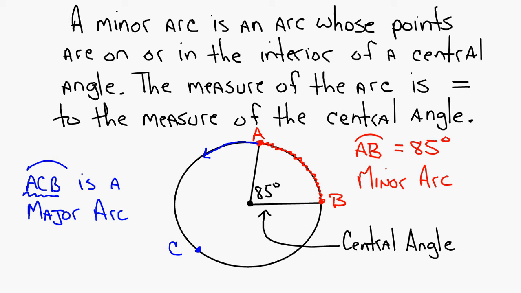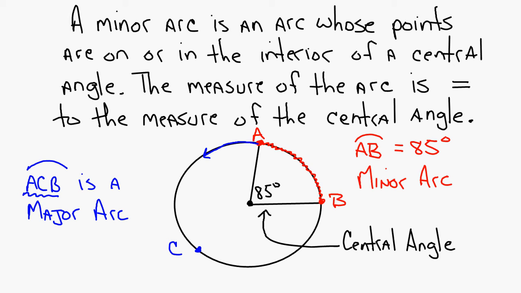So, can you see another rule here then maybe about the measure of a major arc? The major one's going to be greater than the minor one. But what do all these angles inside of this circle add up to? Yeah, 360 degrees. So won't this major arc be equal to 360 minus its minor arc?